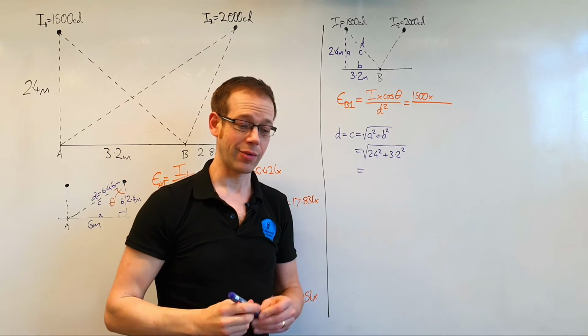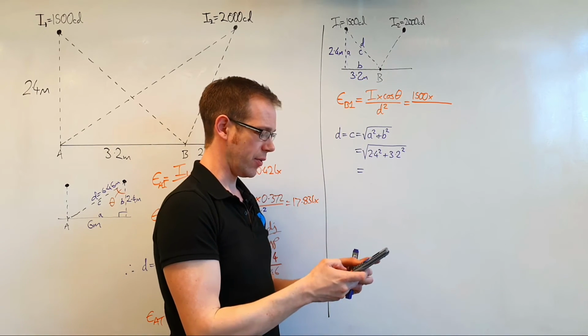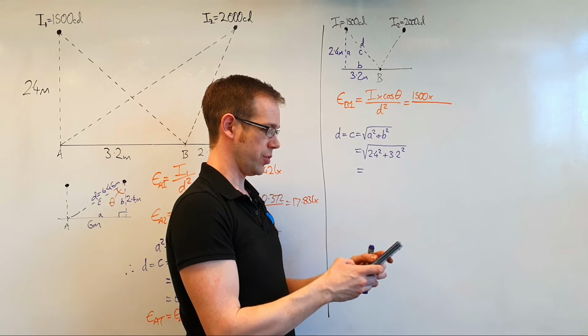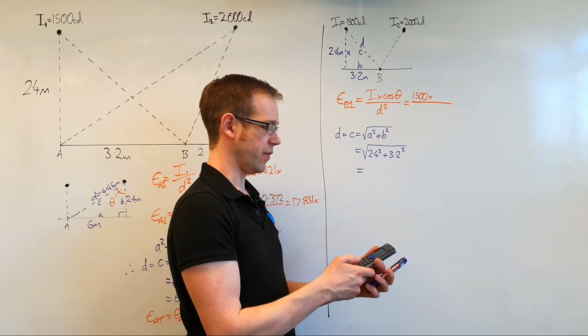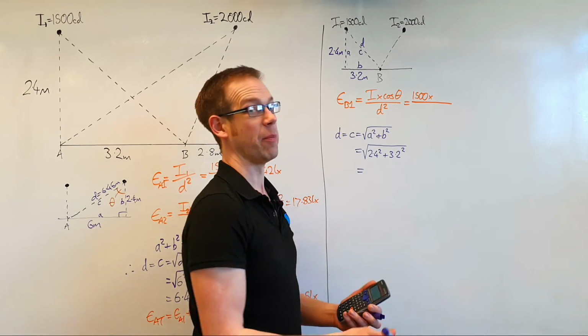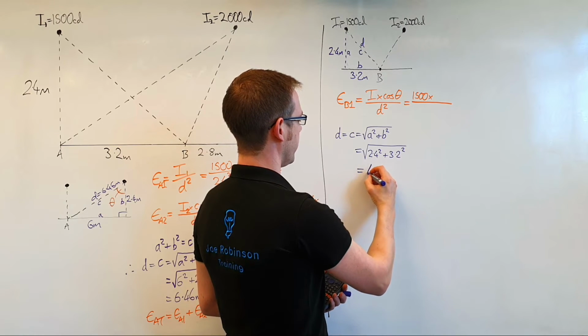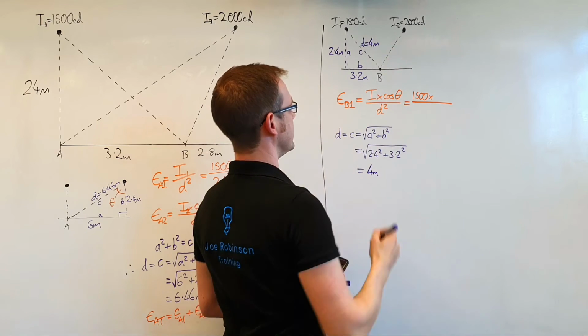And when we perform that calculation on the calculator, it gives us a rather neat answer. It won't happen like this every time, I designed this question specifically this way. It is equal to 4 meters. So that distance there is 4 meters.